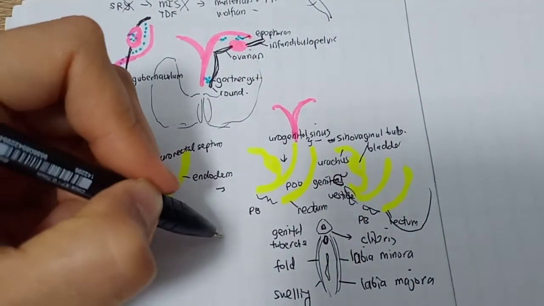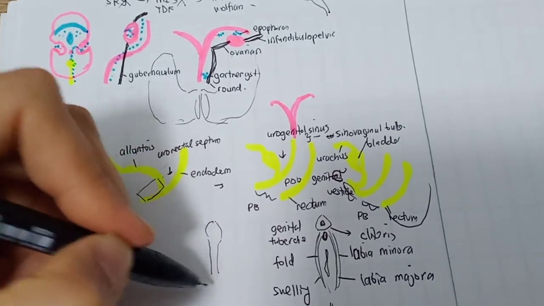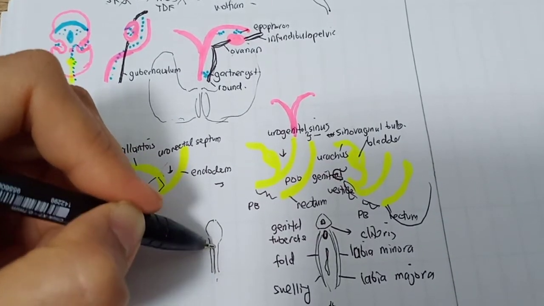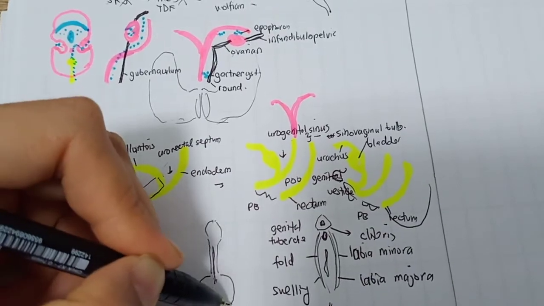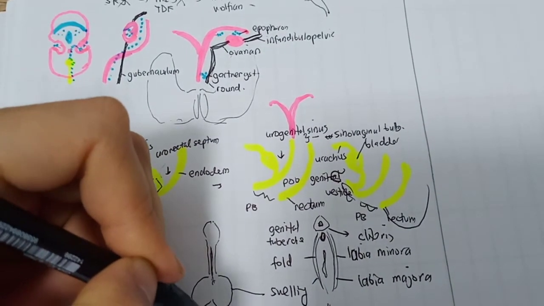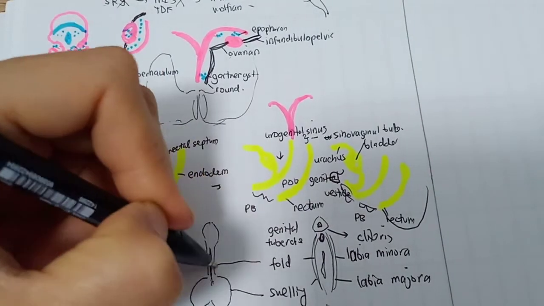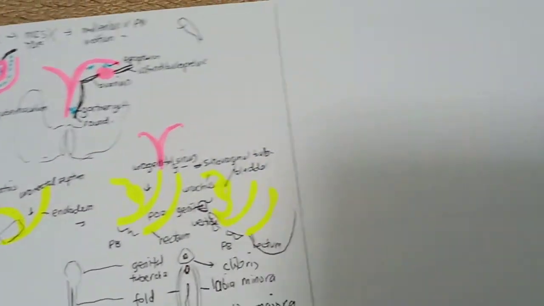And in male, the genital tubercle will become the penis, the fold will become the urethral fold, and the labioscrotal swelling will become the scrotum. Okay, so that is all I want to show.